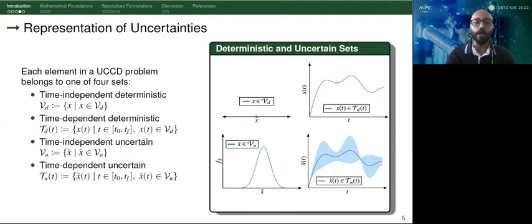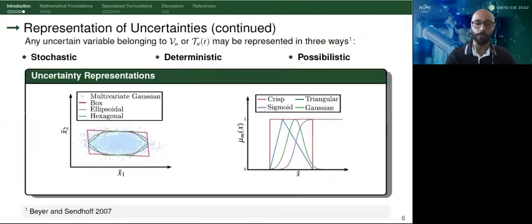And we might have time-independent and time-dependent uncertain variables. You can also see the mathematical definition of the sets associated with each of these variables. Defining these variables would allow us to better derive the specialized formulations from the universal UCCD formulation.